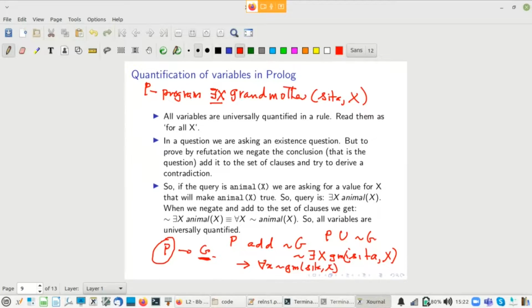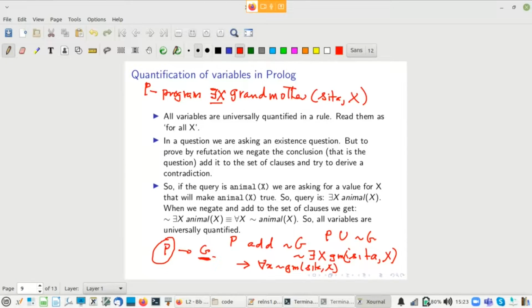I add that, and if I am able to derive a contradiction, then I will be able to argue that G is true. Right? It proves by contradiction. You add the negation of the thing you want to prove, show that it leads to a contradiction, therefore G must be true. That's exactly what a theorem prover does.